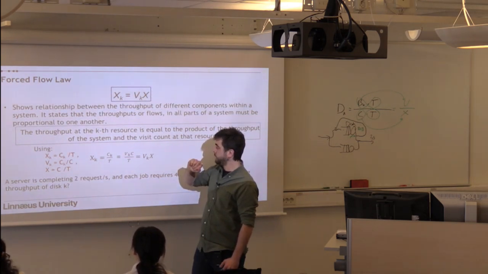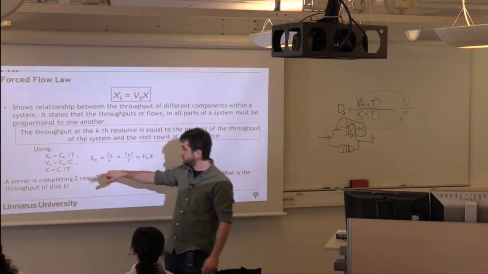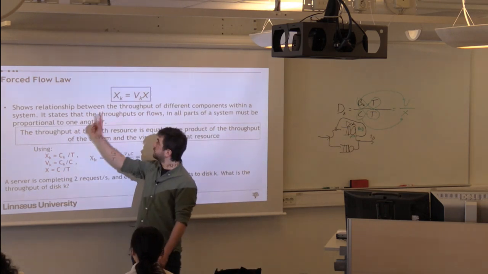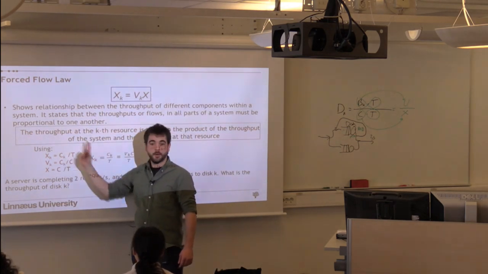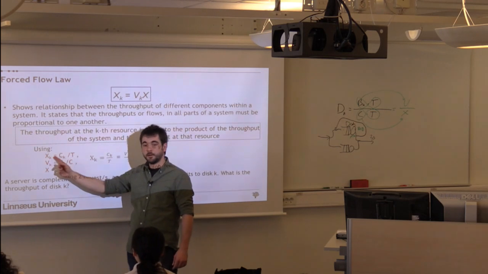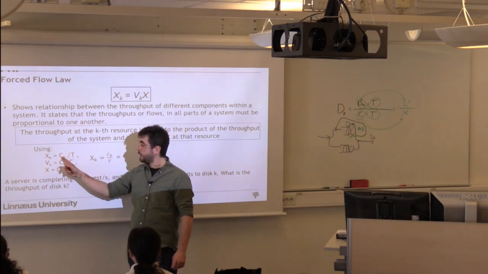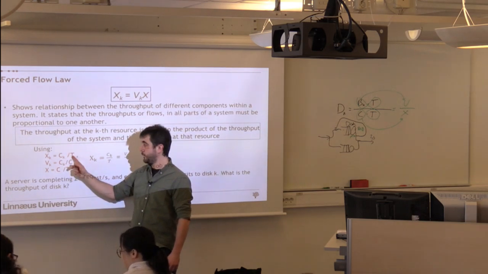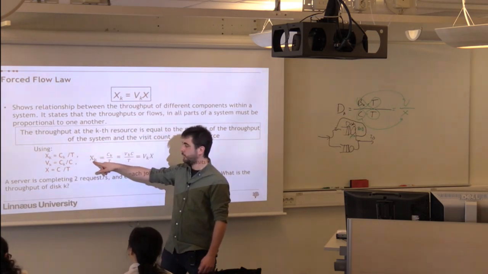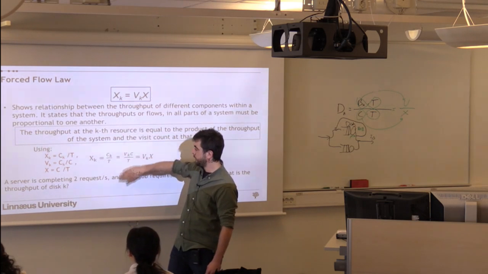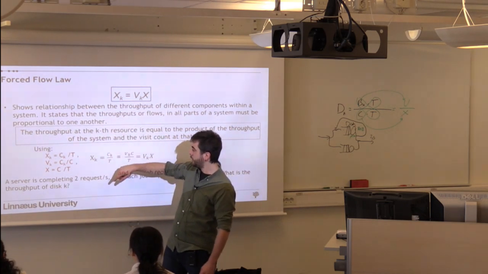Let's derive this. We knew from before, right, that the throughput of a resource is the number of requests that completed at that resource divided by the amount of time we have observed it. So throughput is completions divided by time.